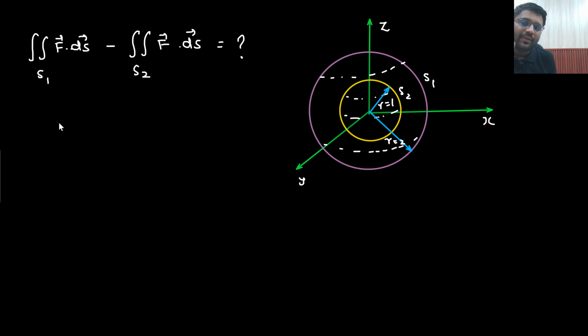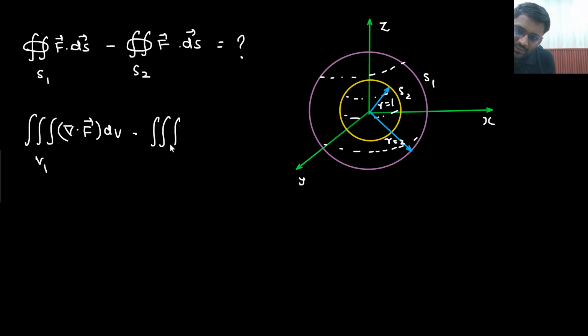Okay. So can I write it down again? It is a closed surface integral, right? So it would be equated to del dot f dv for volume v1 minus del dot f dv for volume v2. Volume v1 minus volume v2, that means the volume which is left in between.